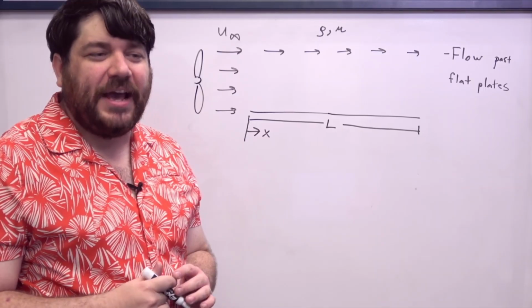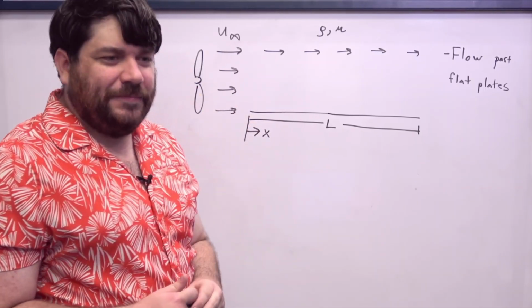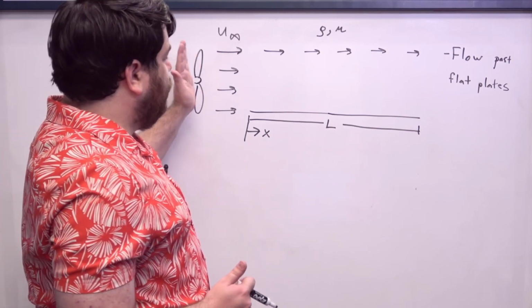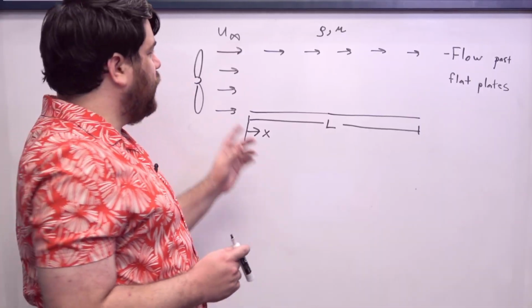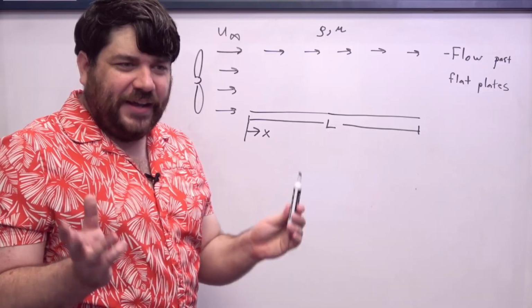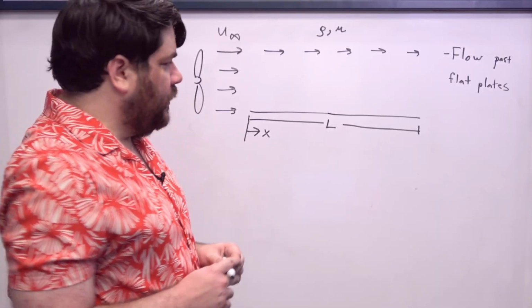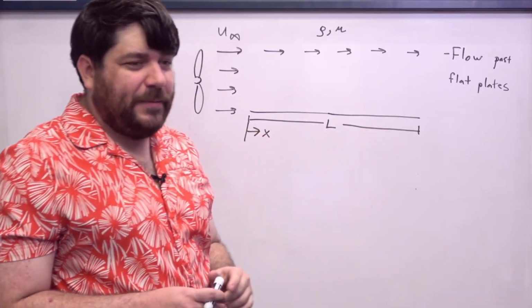Maybe there's some sort of fan that's pushing air, and that airflow seems to be some kind of uniform flow where all of the little pieces of liquid are moving in this direction at some speed u infinity. Now that changes as this flow hits this flat plate.